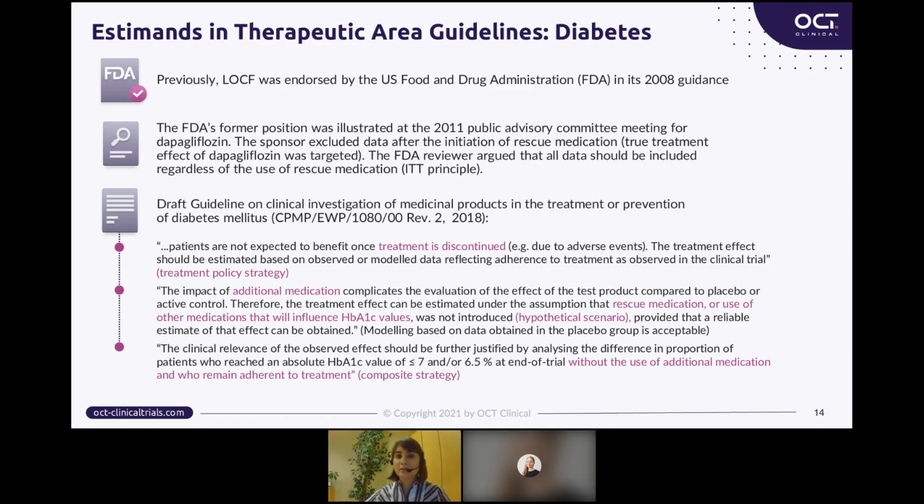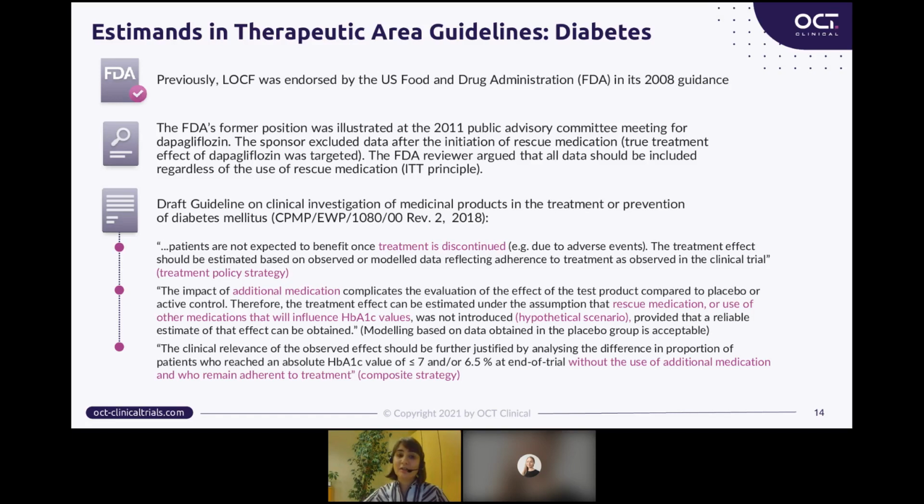The implied scientific questions are fundamentally different. The sponsor is interested in establishing the treatment effect of the initially randomized treatments had no patient received rescue medication, while the FDA statistician is comparing the treatment policies, dapagliflozin plus rescue versus control plus rescue.